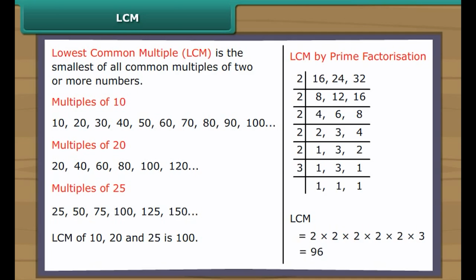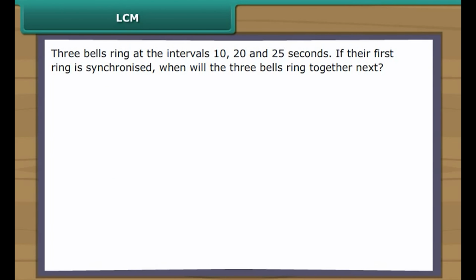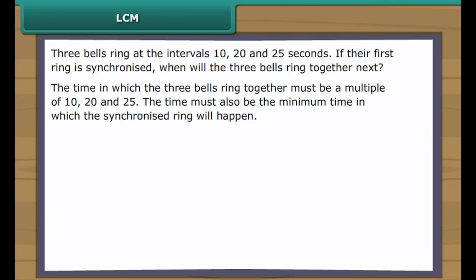Let us look at a real-life situation where LCM is used. 3 bells ring at the intervals 10, 20 and 25 seconds. If their first ring is synchronized, when will the 3 bells ring together next? The time in which the 3 bells ring together must be a multiple of 10, 20 and 25.